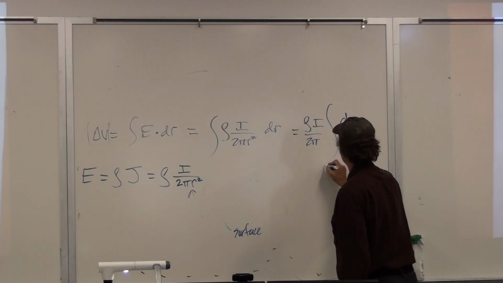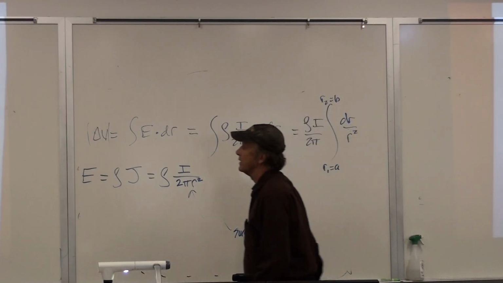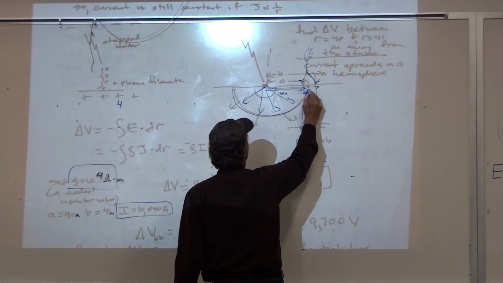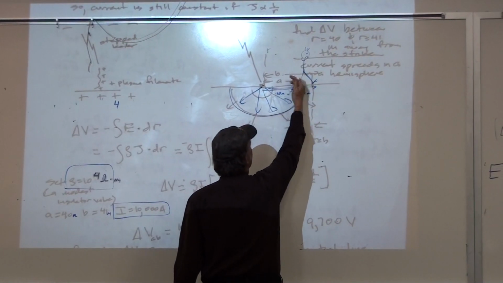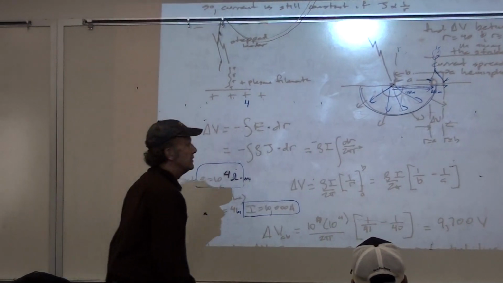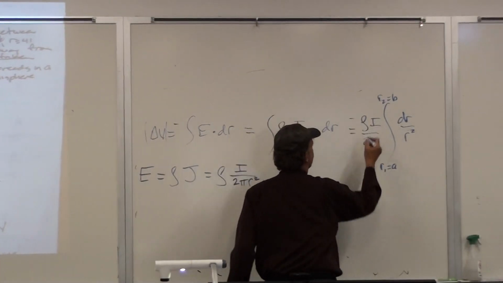And we'll integrate that from r1 equals a to r2 equals b. So in other words, we're going from here to there. We're integrating from here to there this expanding electric field. And so that gives us, because this was negative to begin with, then this is minus 1 over r.